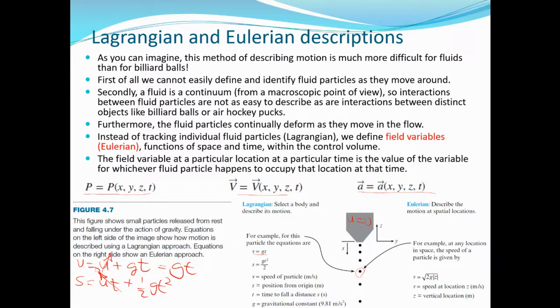Okay, now use the Eulerian description. At any location in space, the speed of a particle is given by v equals square root of 2gz. z is the vertical location. Of course, this is also obtained from the equation of motion: v squared equals u squared plus 2gz. z is the distance.